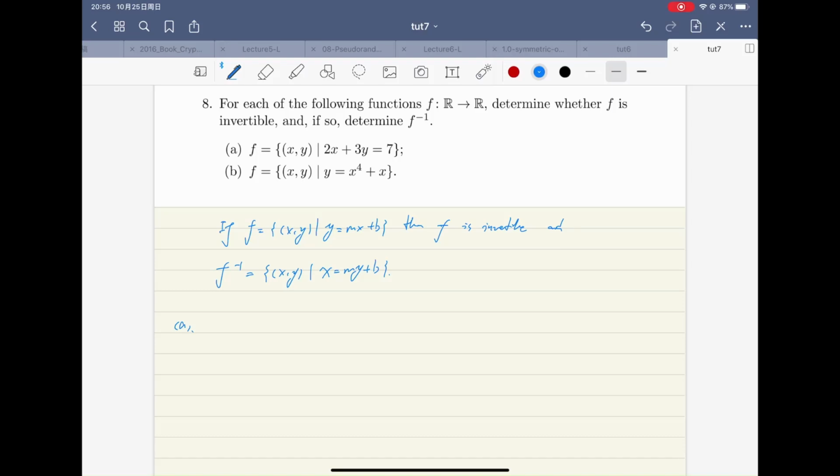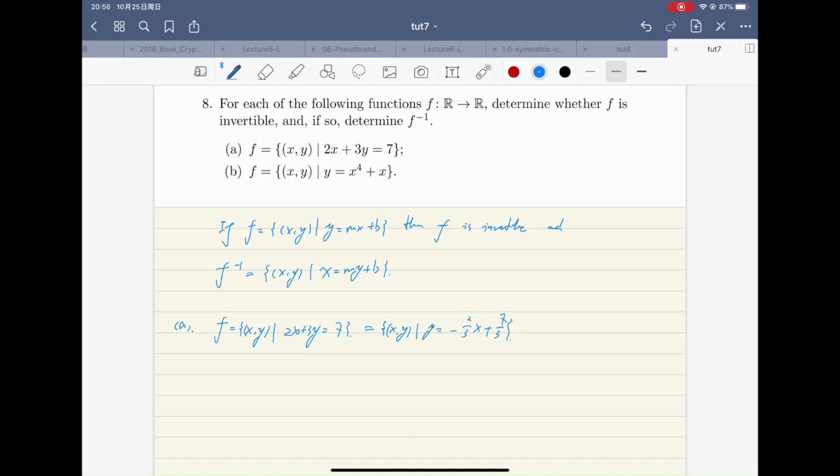Since we have checked the first function is one-to-one, we want to find the inverse of the function. We have f equals the pairs x, y such that x plus 3y equals 7. So y equals negative 2 over 3 x plus 7 over 3.